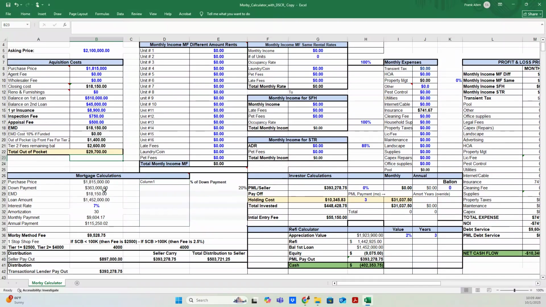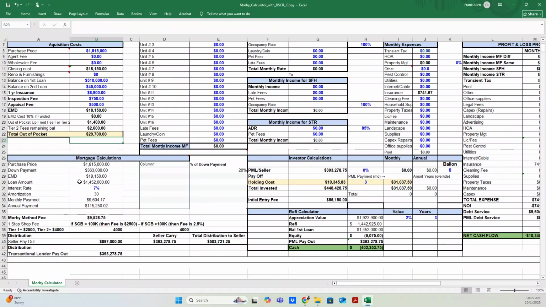Now, if we scroll down to the mortgage calculator, and all of these are little calculators that come together and do a great job, unless I mess it up. This mortgage calculator, I have it set for 20%, and there are a lot of drop down boxes on here.